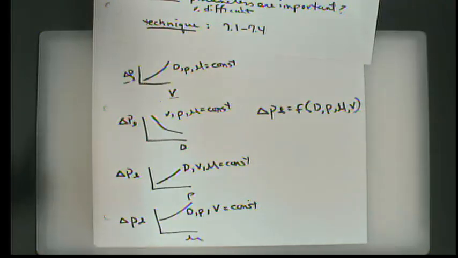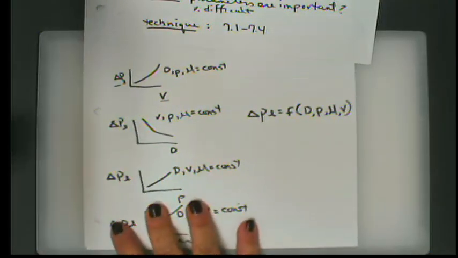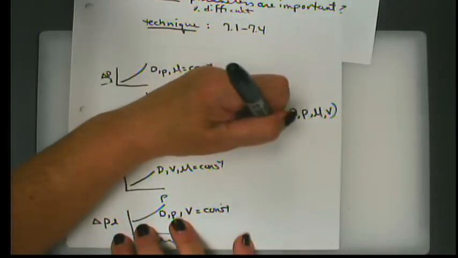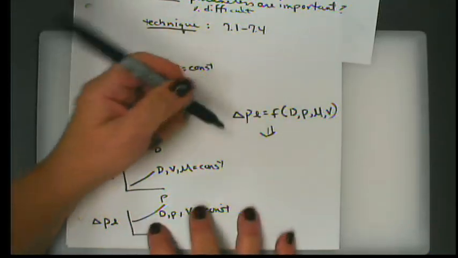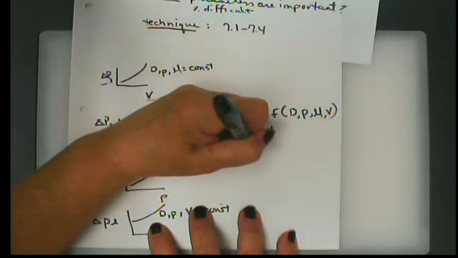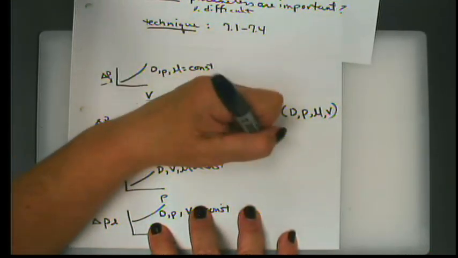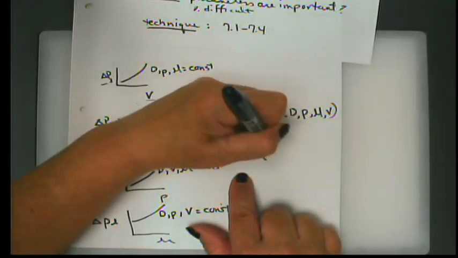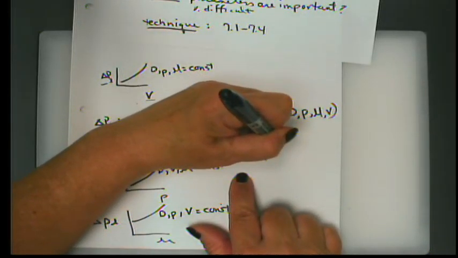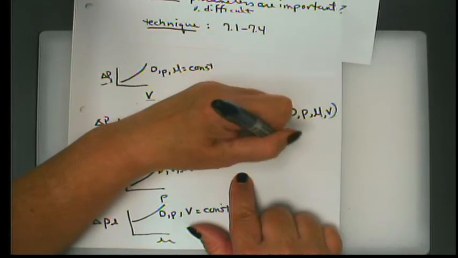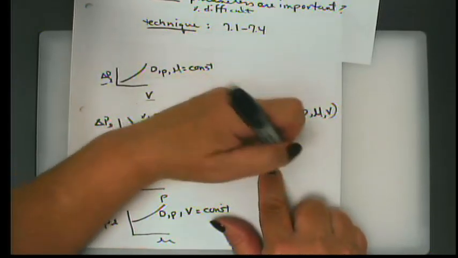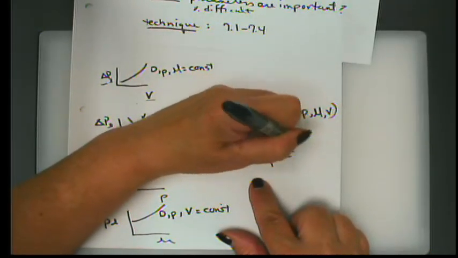And if we came up with this, we would have a much more general relationship. So in this particular case, we could take delta P sub L and multiply it by some of the other variables. And in this case, I'll show you how to do this, which is the point of what the chapter is, or what these sections are, is how to do this and what these groups look like.